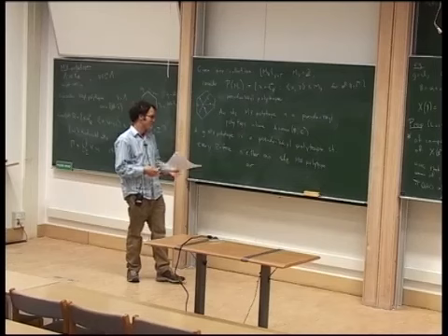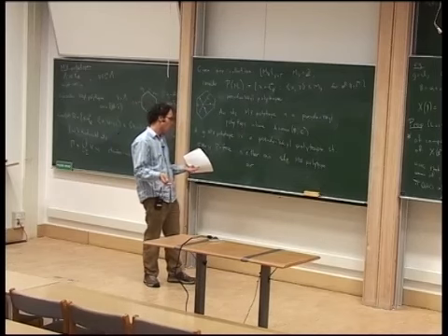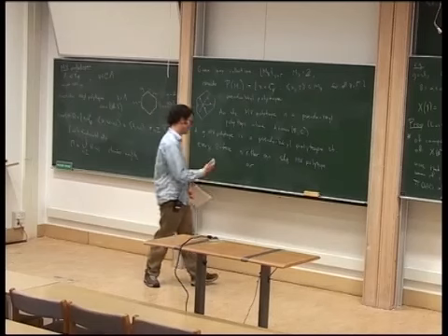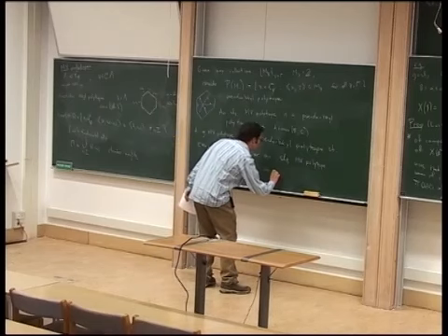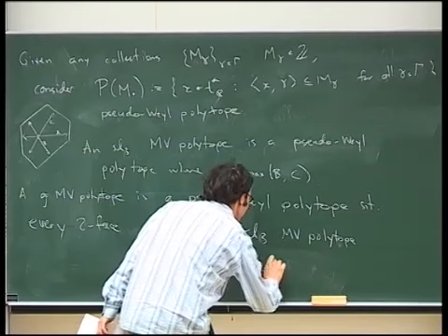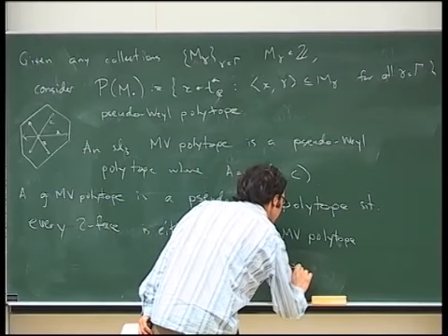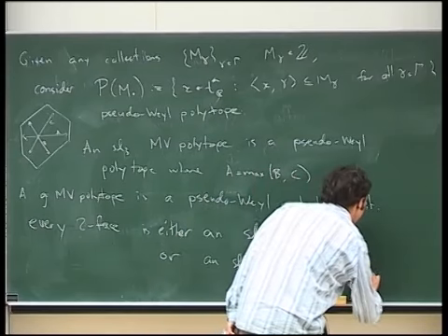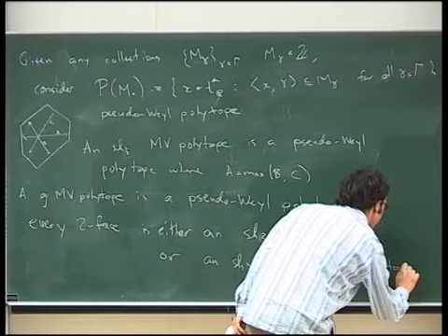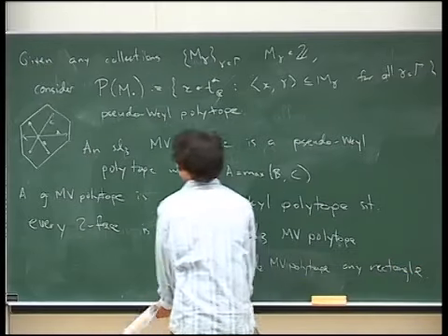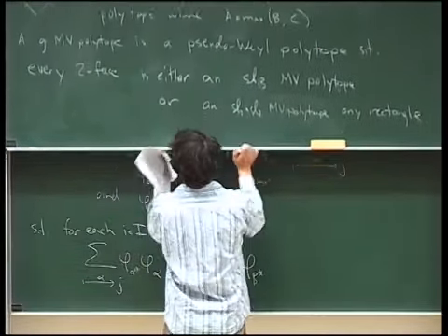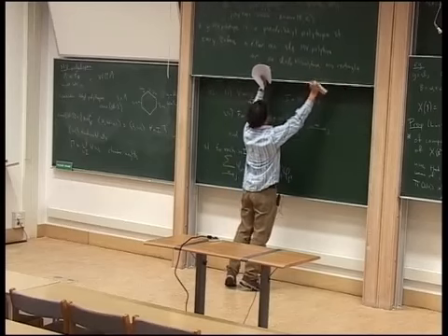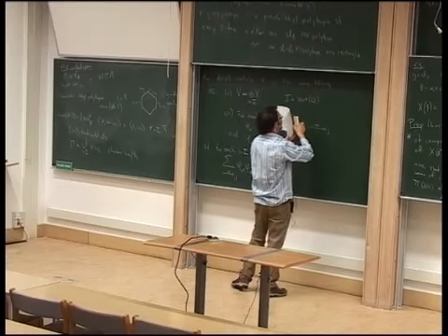So if they're hexagons, you demand they're SL3 MV polytopes, or if they're rectangles, you demand nothing. Or an SL2 cross SL2 MV polytope, which is just any rectangle. Okay. So that completely tells you what the MV polytopes are in some kind of geometric way.